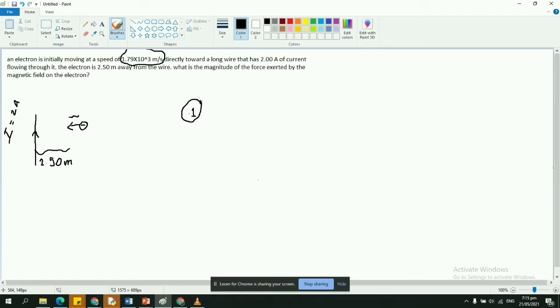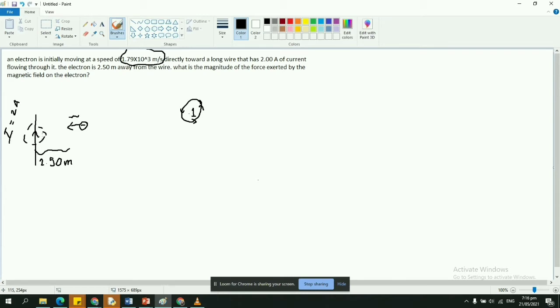So if this is your circle, imagine grabbing the wire using your thumb, and your fingers will curl counterclockwise. It's kind of hard to draw, since this is a two-dimensional plane, but there's a circle going around the wire.